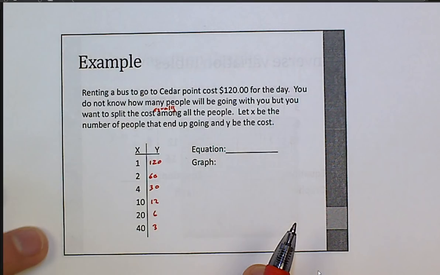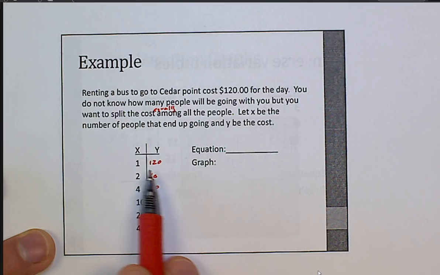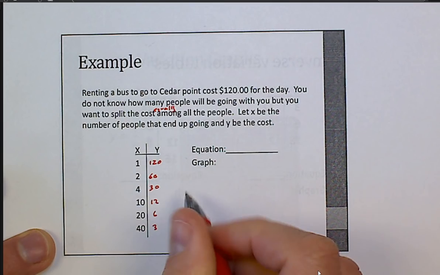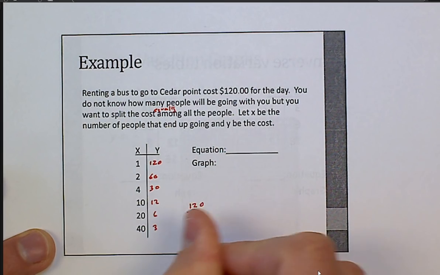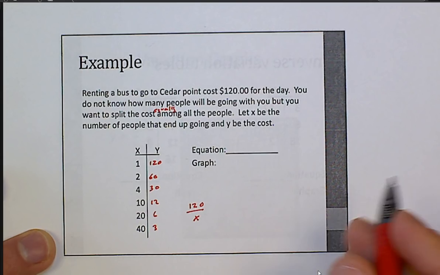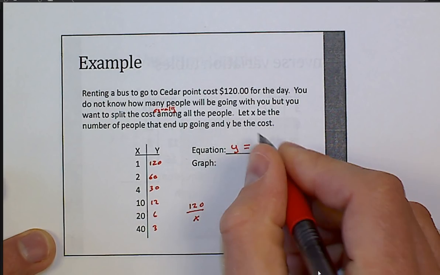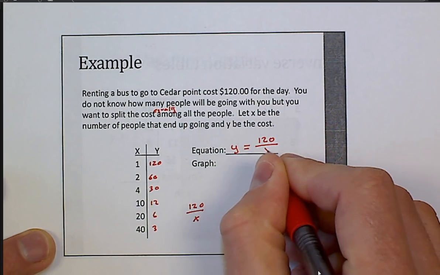And so what's happening here? Basically, we're taking that $120 and dividing it by the number of people, and that's going to give us the total cost per person on the bus, right? So that's an example of inverse variation. The equation that we would use here is 120 over x, okay?